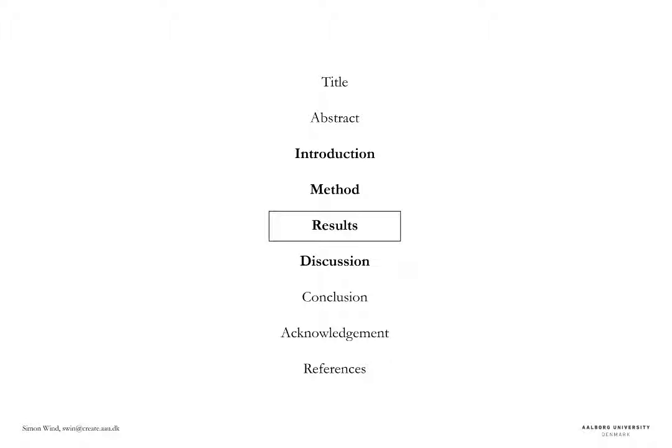And here again, you might look into other papers. What have they done? How have they done it? And why have they done it? Also, the section should not be named result, obviously, but rather something more meaningful that is telling the reader what is inside this section.